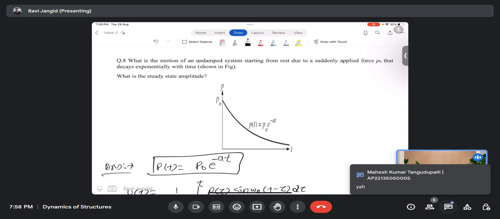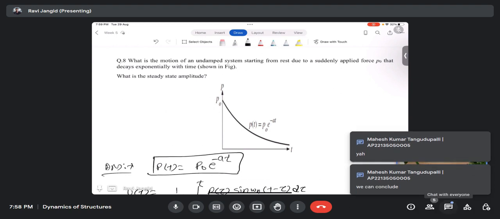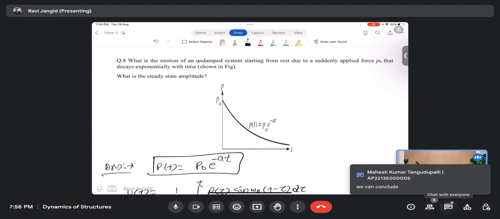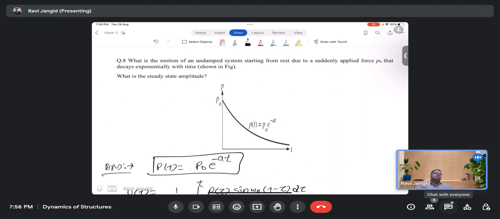If you don't have any doubt, you can leave. We can meet next Tuesday. Our earthquake topics will start from week 6. So if you have any doubt or suggestion, you can give it here.